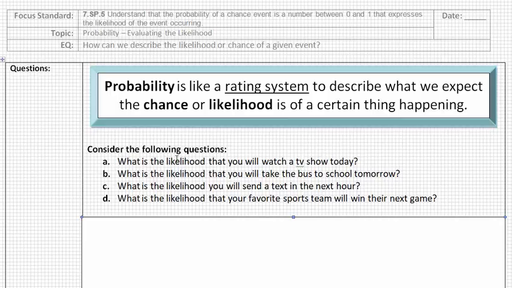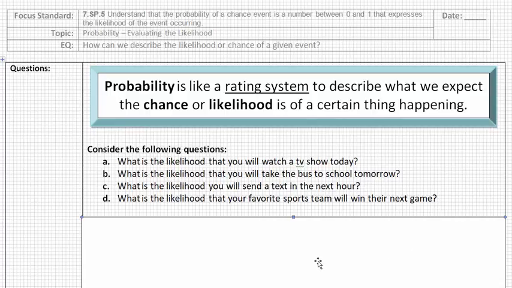A. What is the likelihood that you will watch a TV show today? B. What is the likelihood that you will take the bus to school tomorrow? C. What is the likelihood you will send a text in the next hour? D. What is the likelihood that your favorite sports team will win their next game?